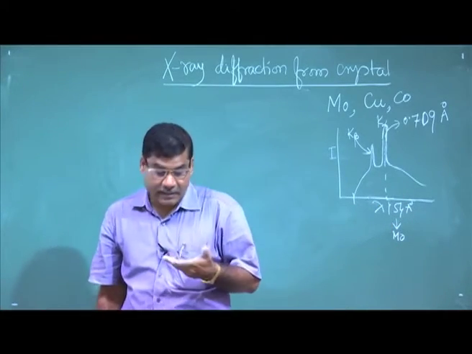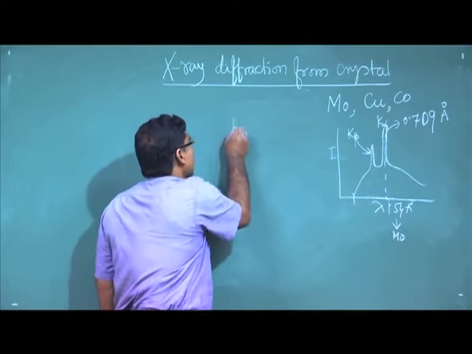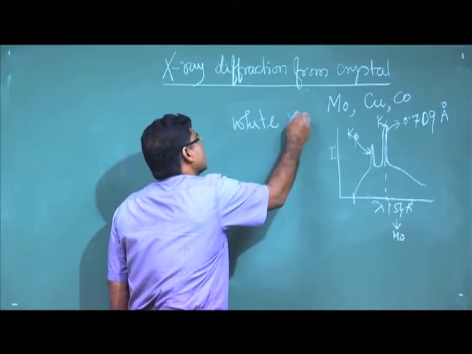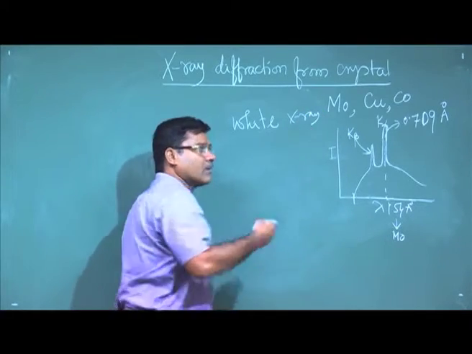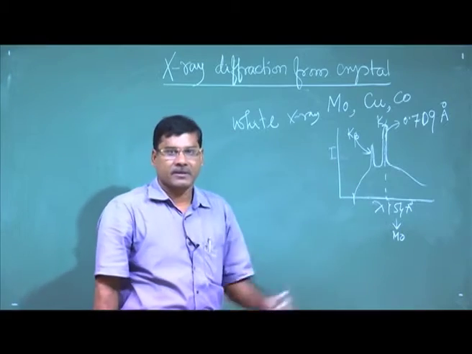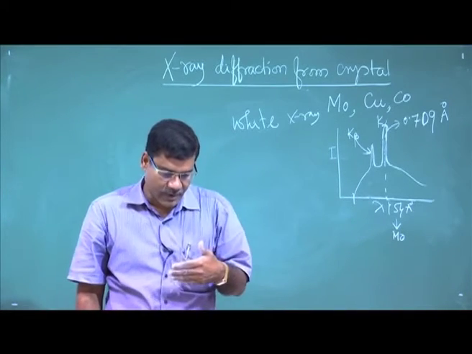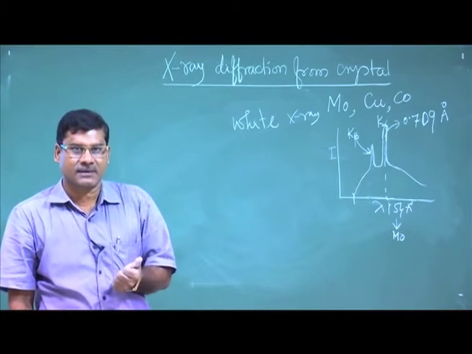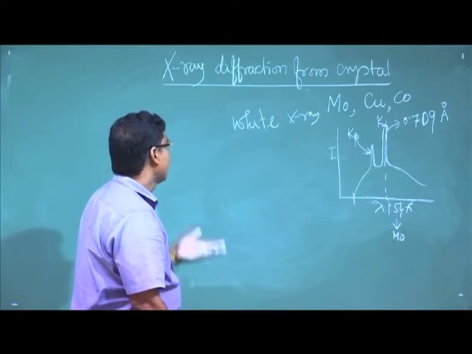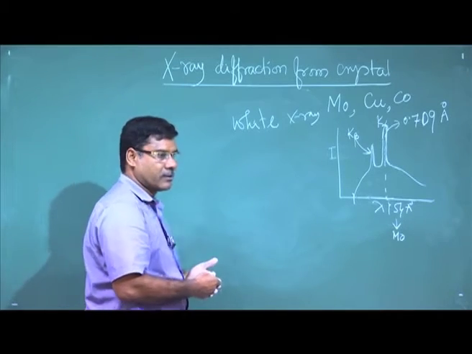So, this we call white X-ray, because like white light, it has all wavelengths. Okay. So, sometimes for an experiment we need white X-ray having all sorts of wavelengths.